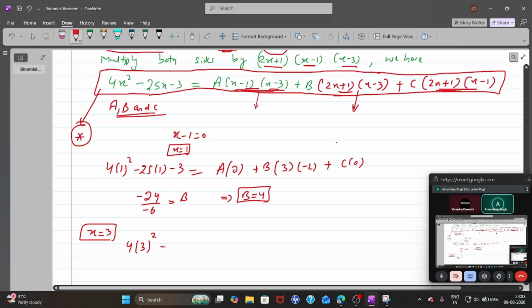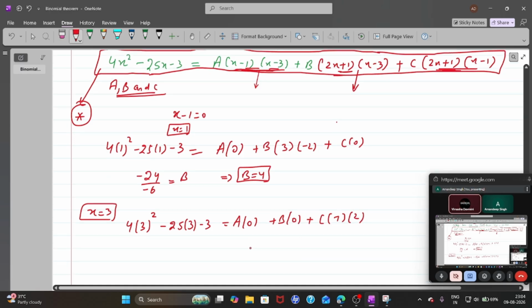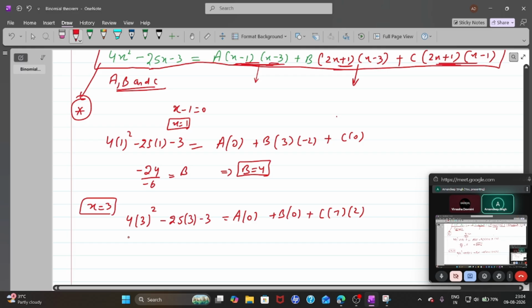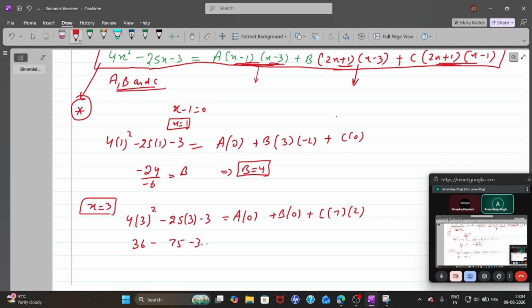So 4 times 3 squared minus 25 into 3 minus 3. So it is A times 0 plus B times 0 plus C times the remaining factors. It is equal to 9 into 4, which is 36, minus 75 minus 3.